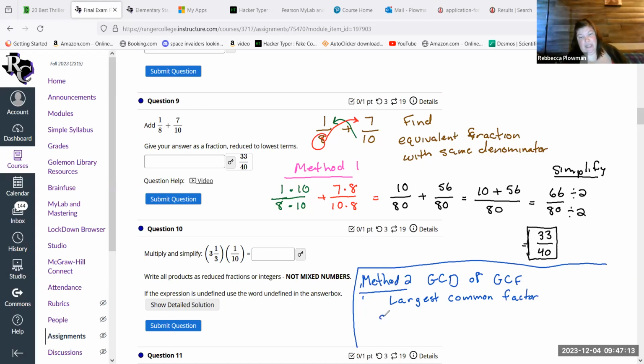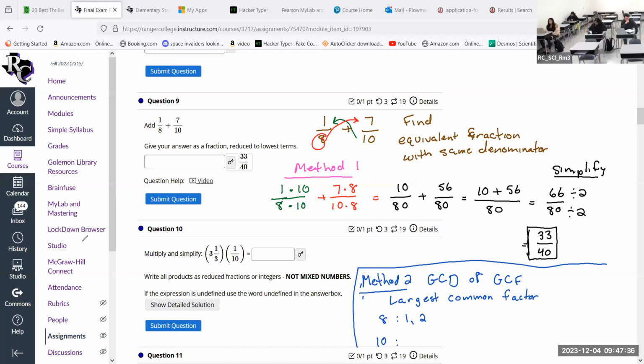So in that case, we had the denominators of 8 and 10. So we're just looking for divisors of each of these. So this one has divisors of 1, 2, 4, and 8, or all the numbers that divide into 8. You know what? I was looking for the wrong thing here.